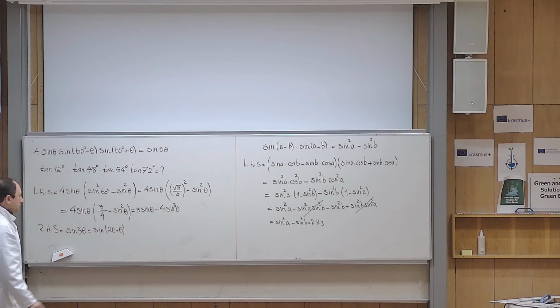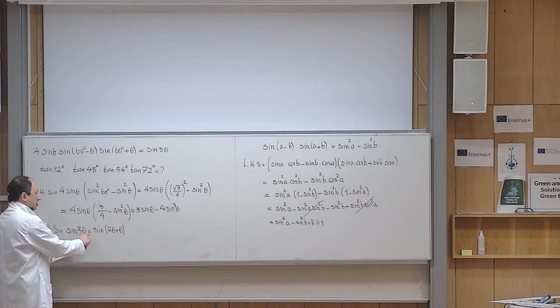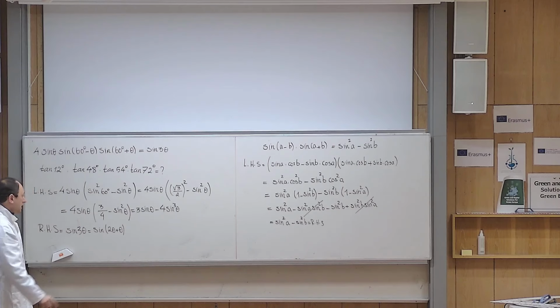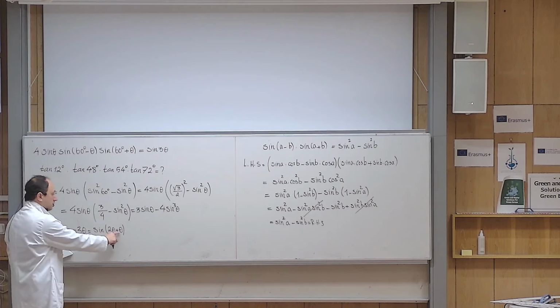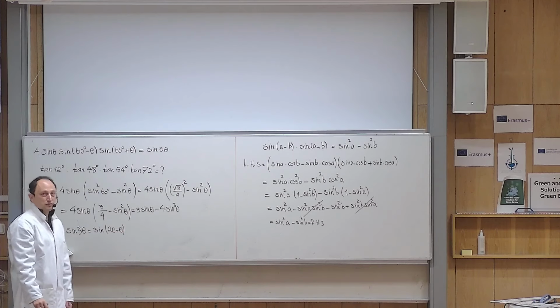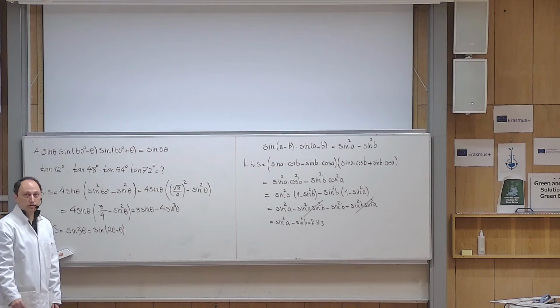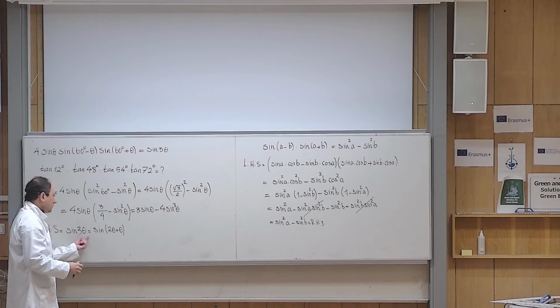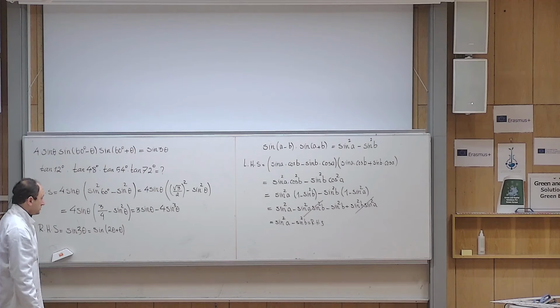Because my goal is to write sine 3 theta in terms of sine theta only. Of course I can write sine theta plus theta plus theta, and the problem is that the formulas for addition and subtraction are only for the sine of the sum of two angles. So I will break it up into two angles. So 3 theta can be written as 2 theta plus theta.